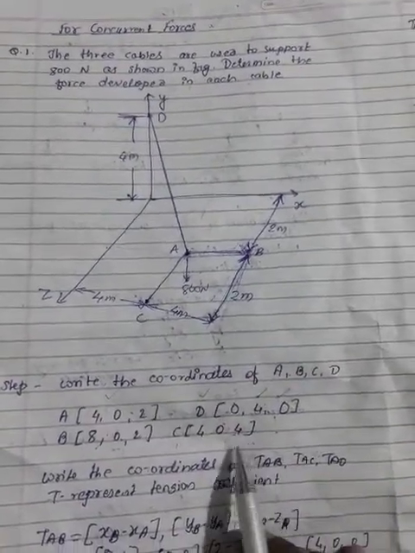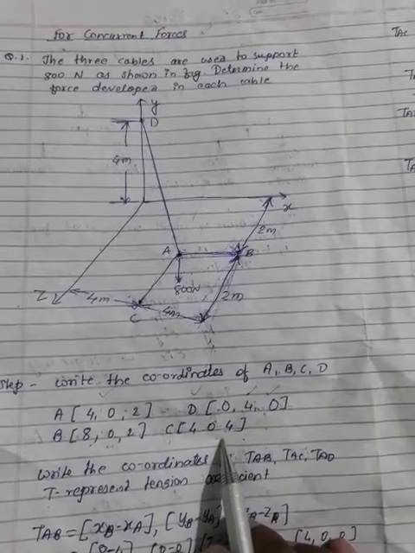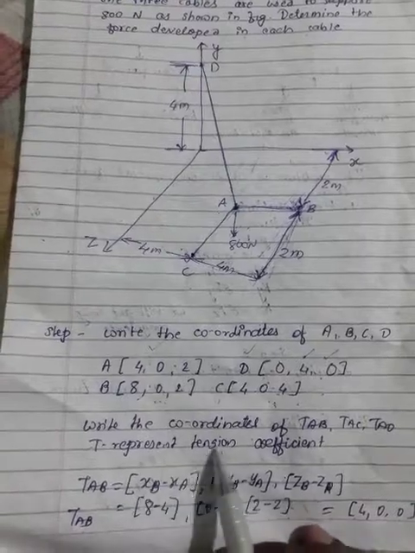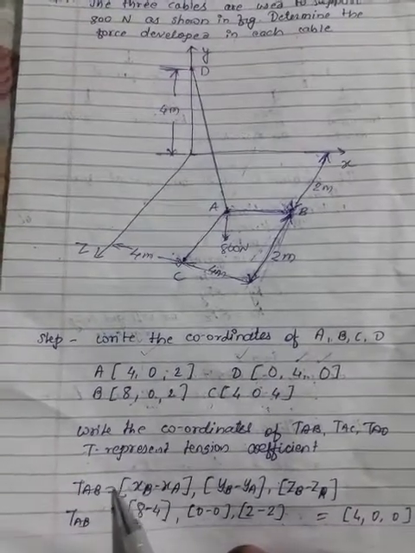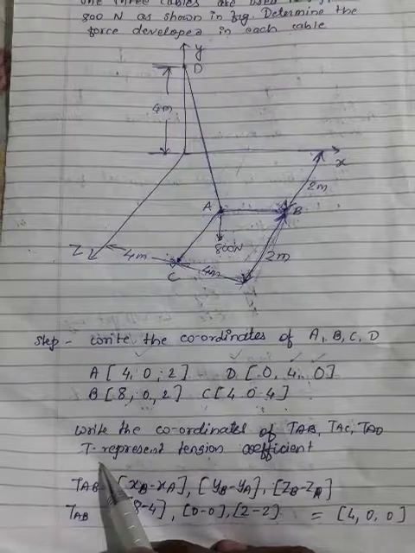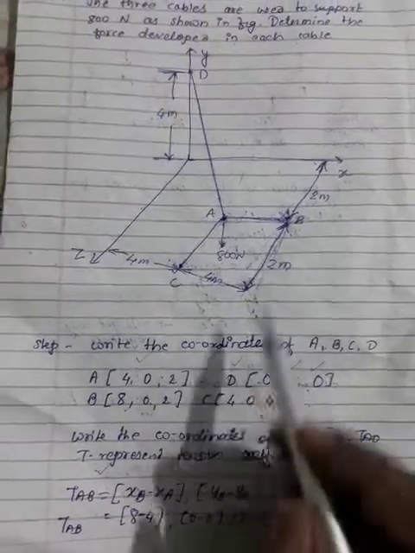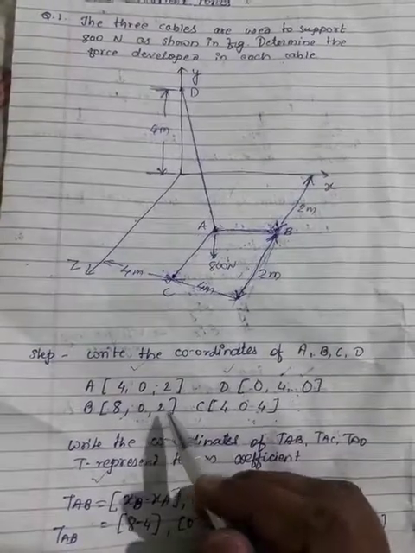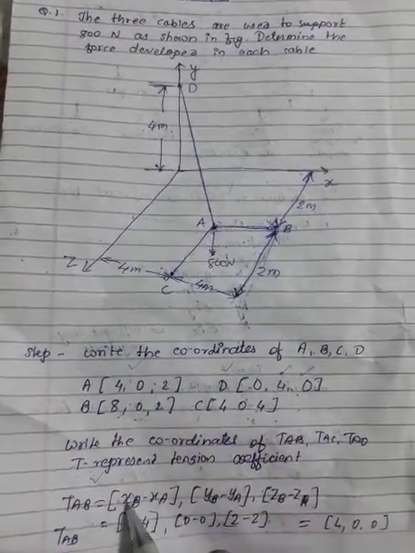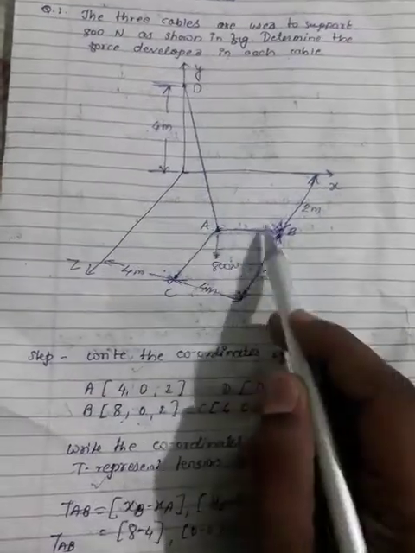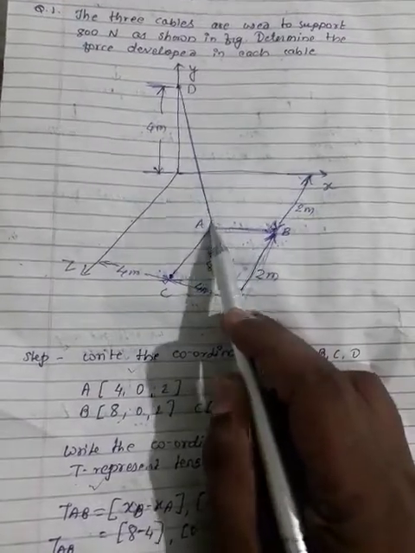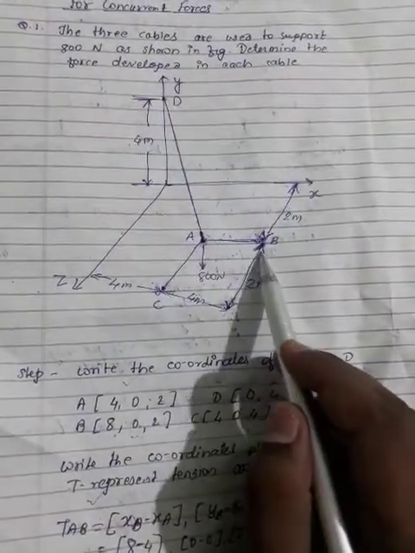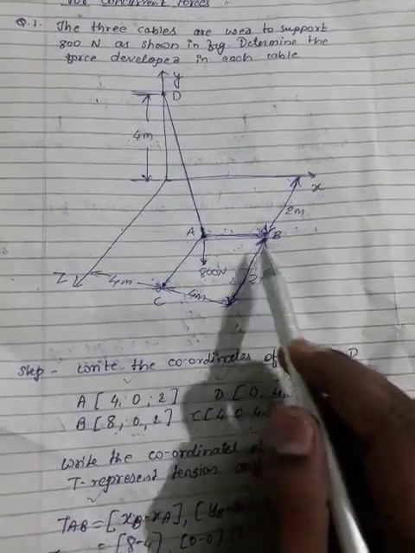So after calculating the coordinate of each point, I am calculating the tension coefficient. So for TAB, meaning I am considering A and B points. This A point is common to all B, C and D, so I am considering initially the uncommon points.